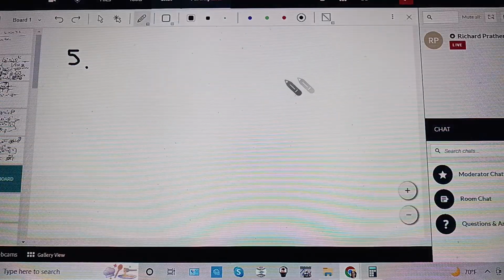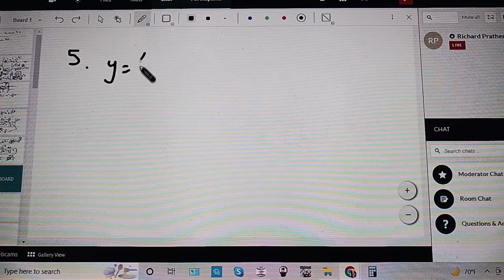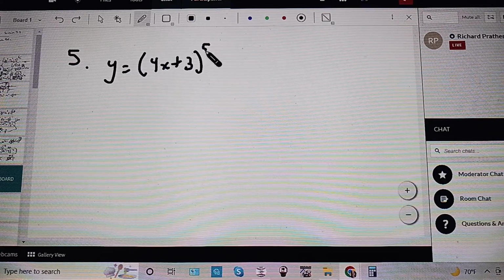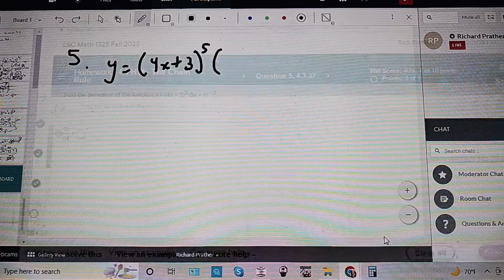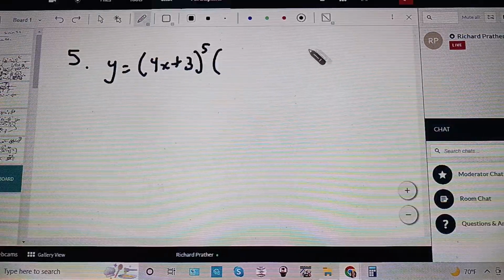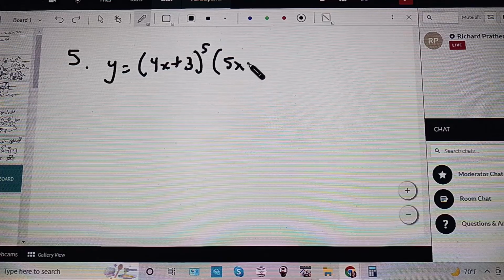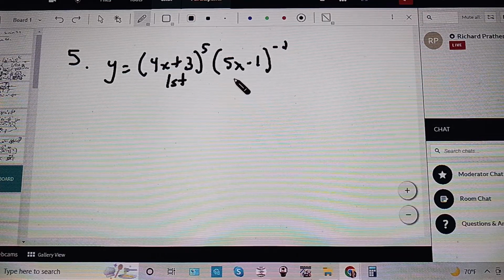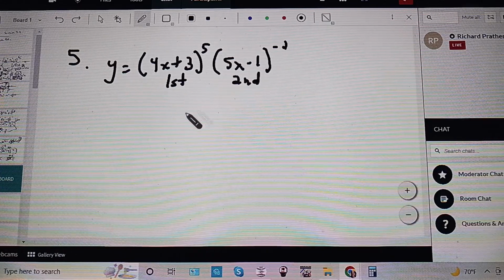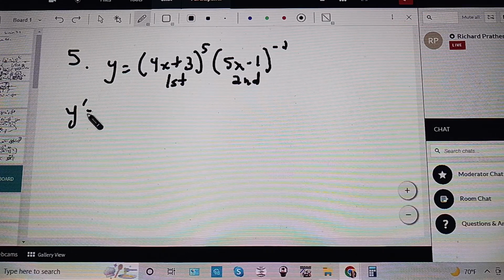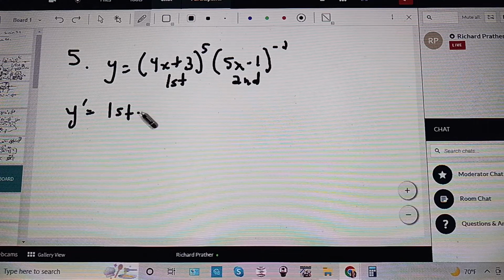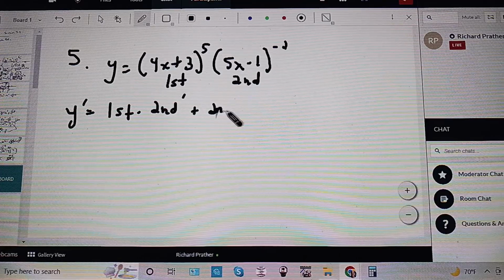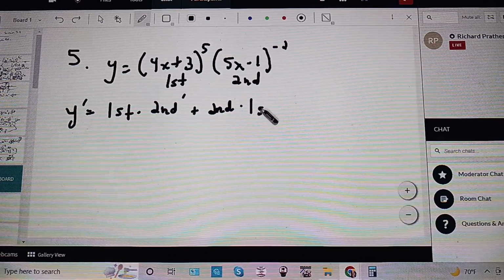Y equals 4x plus 3 to the 5th times 5x minus 1 to the negative 2. So here's my first function of x. Here's my second function of x. Remember the product rule? First times derivative of the second plus the second times the derivative of the first.